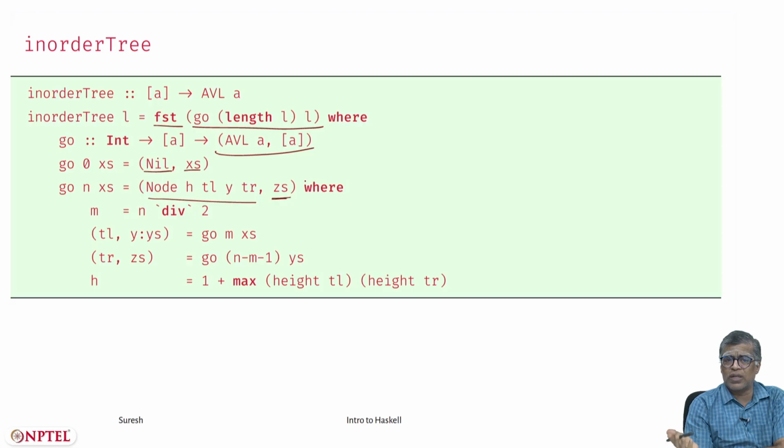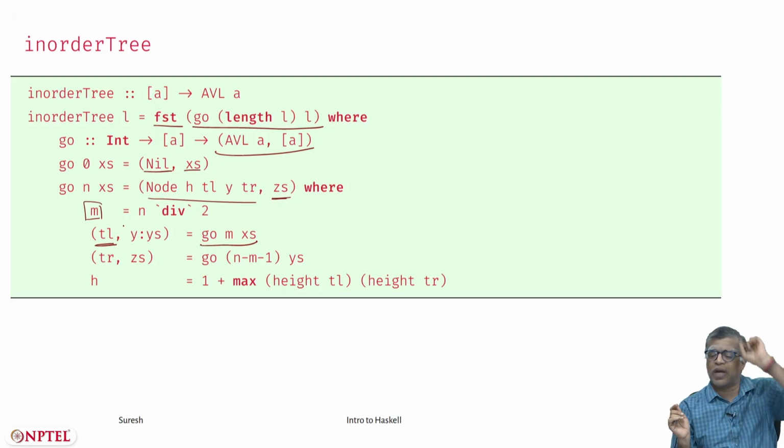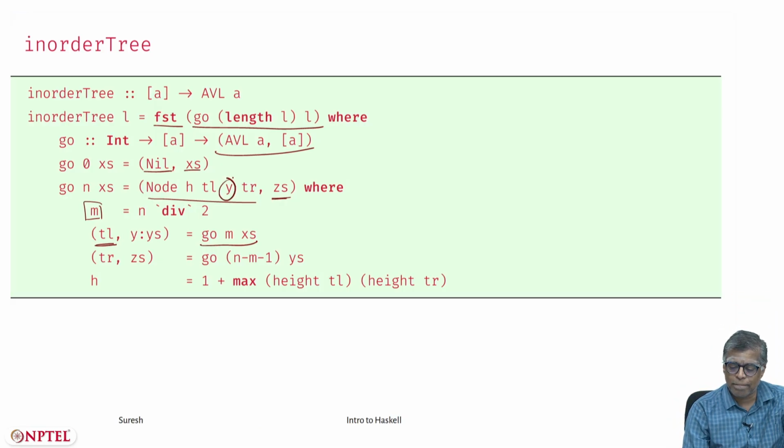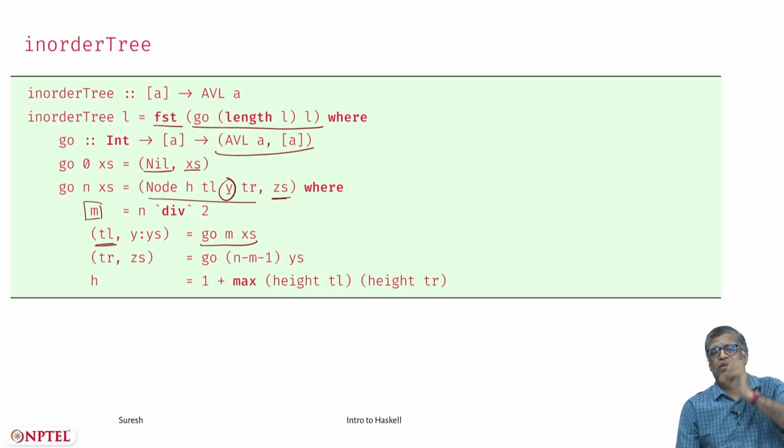But how do I calculate this? Instead of taking n elements in one go, I will take the first m elements, where m is n div 2, and create a tree TL. Then I will have some remaining elements, call this y colon ys. Pick out y and make it the root here, and then ys is all the elements after the first m plus 1 elements.